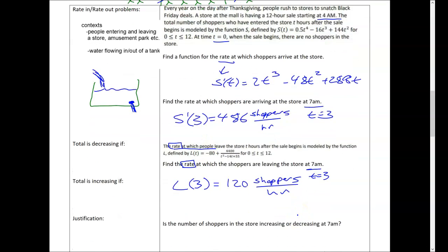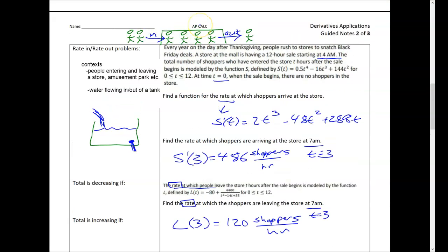Okay. And here's where the question gets really interesting, right? Is the number of shoppers in the store increasing or decreasing at 7 a.m.? We have enough information to answer this question as long as we think a little bit hard about it. So let's go back to my little sketch. We have people entering and leaving, and then there's some number of people in the store that we don't really know about, right?